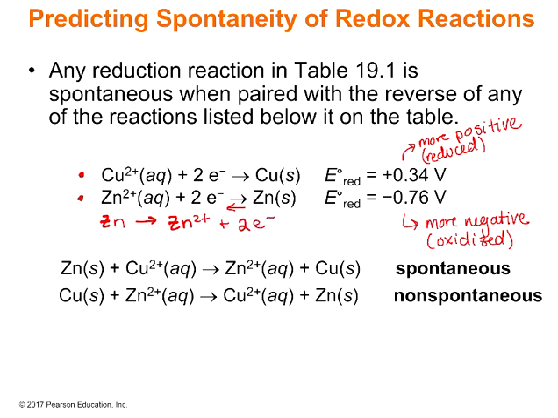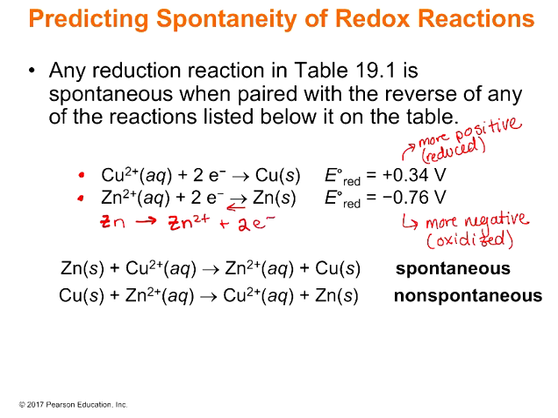Now, unlike previous practice problems we've done with things like enthalpy and entropy, we don't change the potential of the half reaction. So even though we flipped this half reaction, we're not going to change the sign of the potential value. So it will still be negative 0.76.